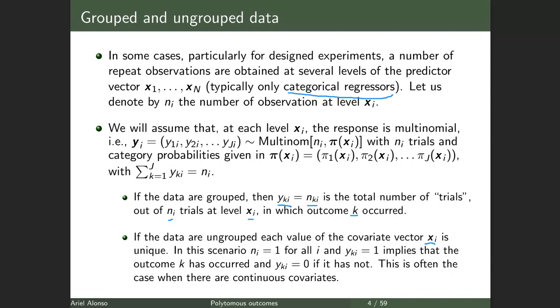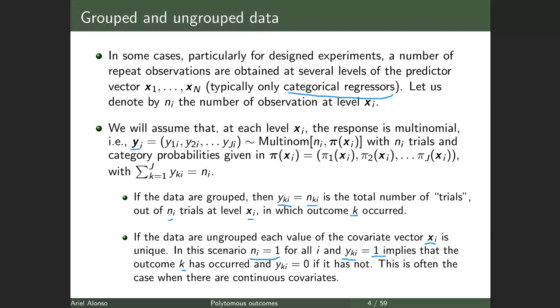You don't have repeated measurements. For instance, if you have as a vector of covariates weight, blood pressure, and age, several continuous regressors, then it's probably the case that every person has a unique combination of age, blood pressure, weight, etc. In that case, ni is equal to 1, and the vector yi is a vector of zeros and ones, where yki equal to 1 implies that outcome k occurred, and 0 implies that it didn't.